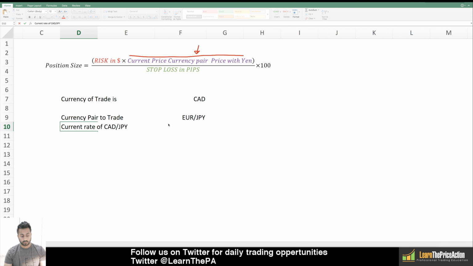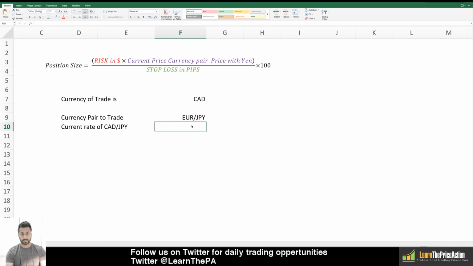So you will go to the Canadian dollar yen chart. For example, I went to the Canadian dollar yen chart and I know exactly what rate it is: 89 point, let's say 234. That's the rate on the Canadian dollar yen.